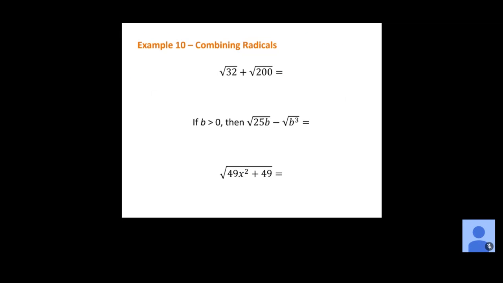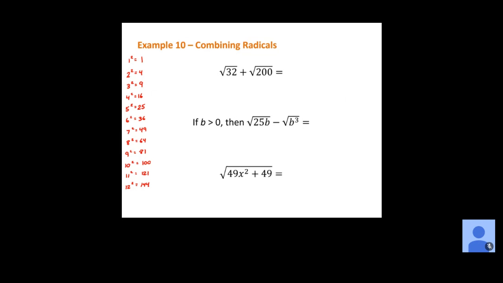that are factors of these values inside the radical. When I say perfect squares, I'm thinking about these values. 1 squared equals 1, therefore 1 is a perfect square. 2 squared is equal to 4, so 4 is a perfect square. 3 squared is 9, so 9 is a perfect square. 16 is a perfect square. 25 would be the next one, 36, 49, 64, 81, 100, 121, and 144.